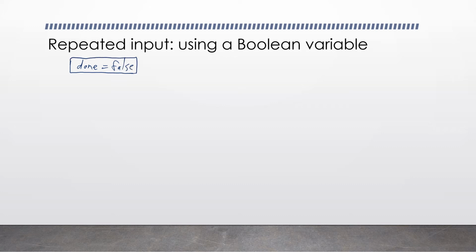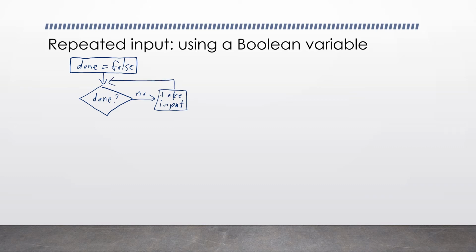Okay, we could do it the opposite way. We could make a value that says still going and make it true. Now our decision asks if done is true. No. We take input again and bring us back to the loop.